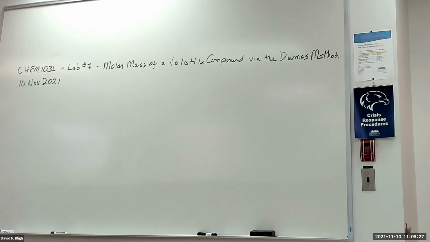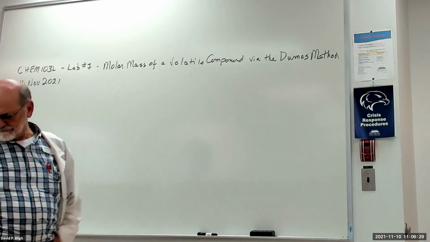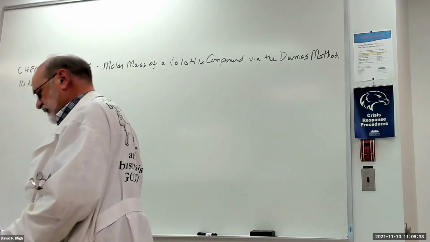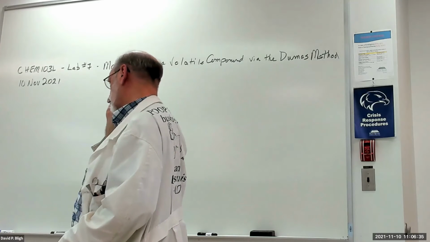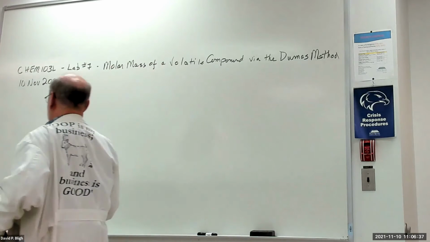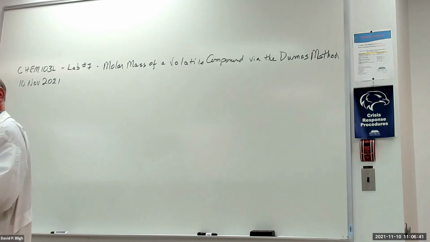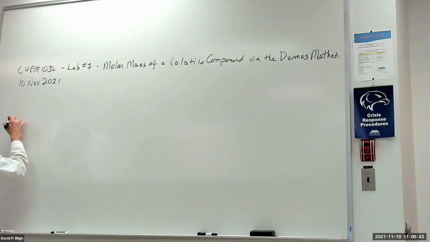I think that's enough information. All right. So this method centers around two things, the same as all of our molar mass determinations: the definition of molar mass. I used MW, molecular weight.